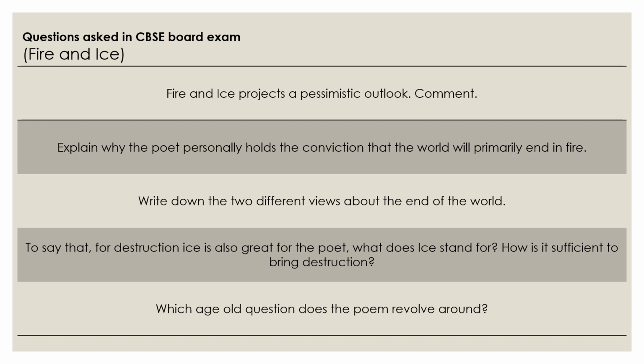Basically, we have to understand that in the poem, the poet discusses this particular age-old question, where the poet wants to determine the answer to this question with the help of the discussion whether the world will end in fire or in ice.